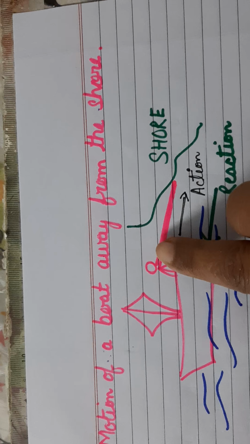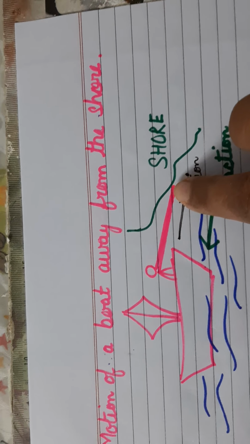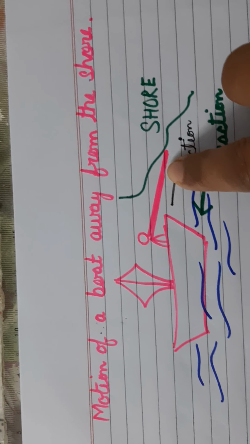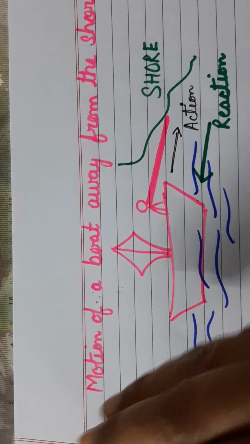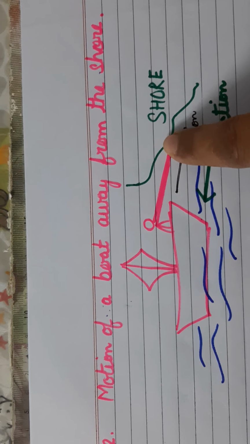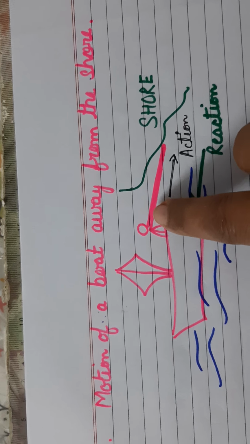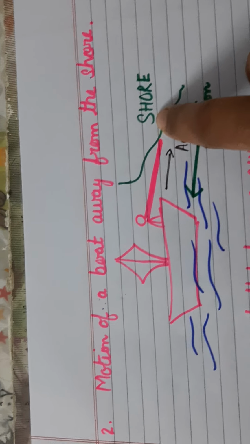Here I have shown that there is a boat, and the person is in the boat. The boat is actually near the shore, and it is not moving. Now if the boatman wants to move away from the shore, what is he going to do? He is going to take, say for example, his oar, or he is going to take a big long bamboo, and he is going to push on the shore with the bamboo.